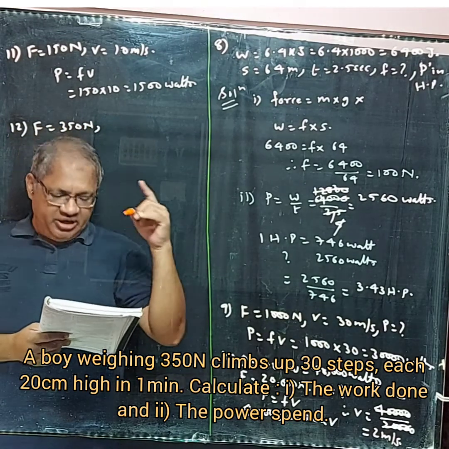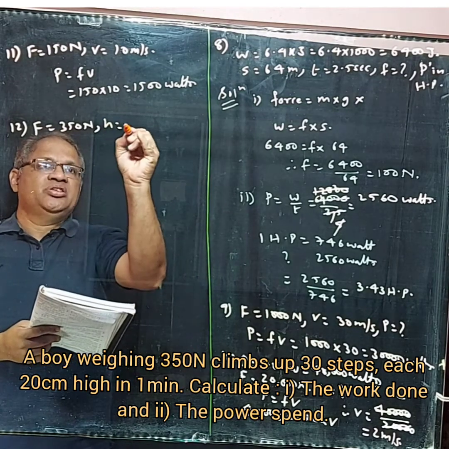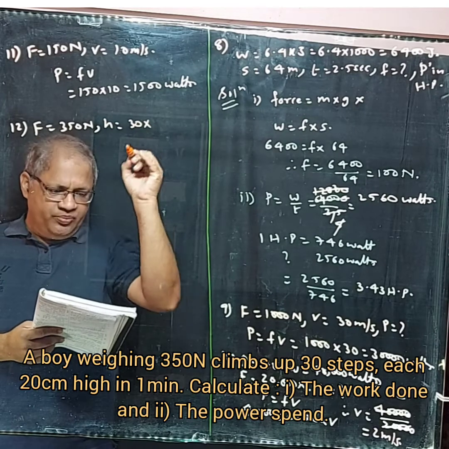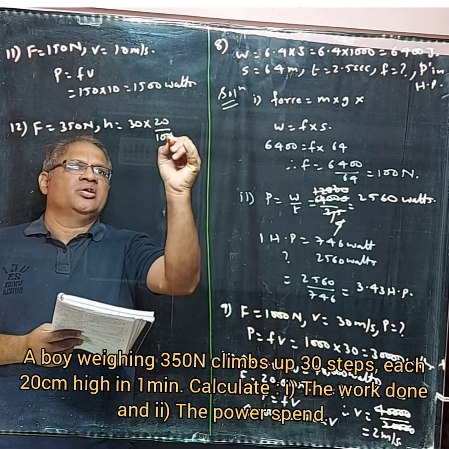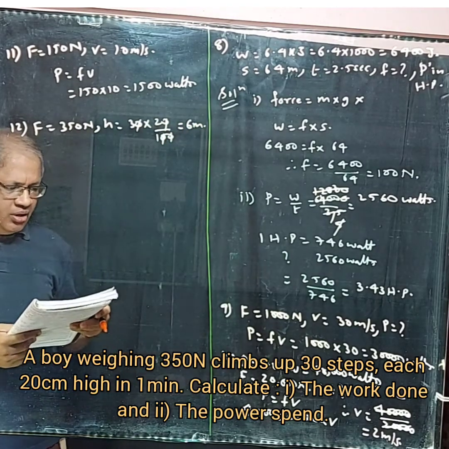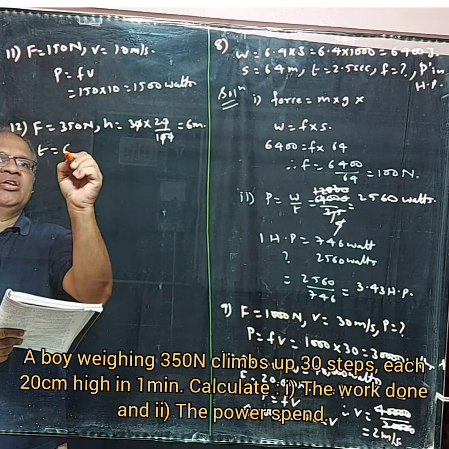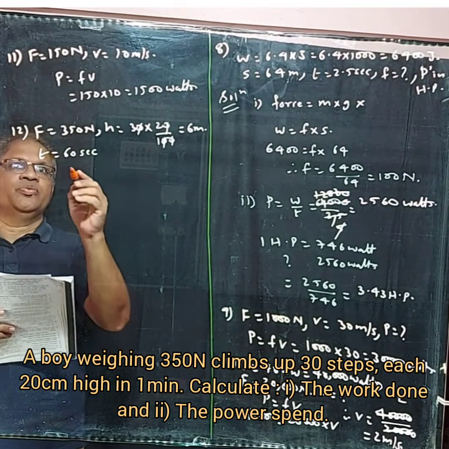Now he climbs up 30 steps, each of 20 centimeter high. That means height will be 30 into 20 centimeter, which has to be converted into meter. So divide by 100. So it comes to 6 meter. Then time is 1 minute. That is 60 seconds.